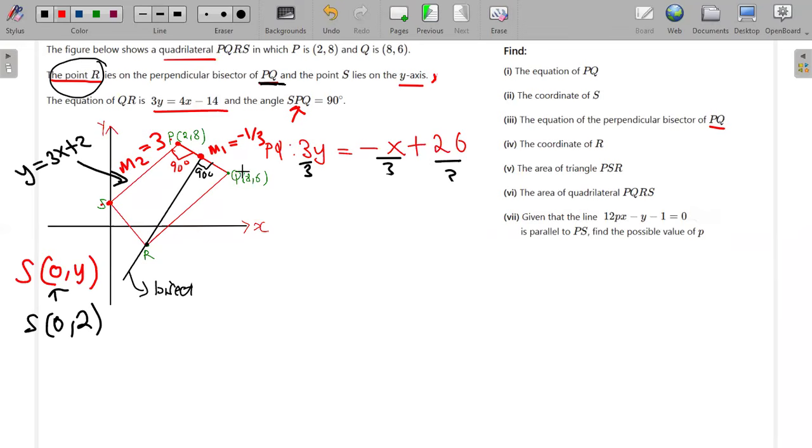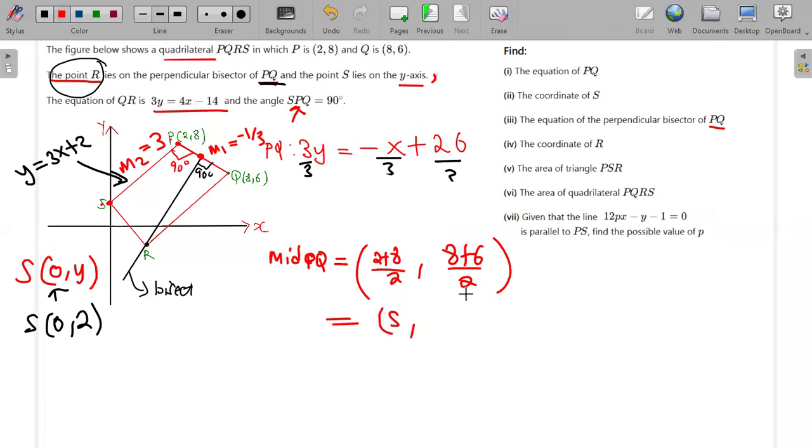So what is the midpoint of P and Q? The midpoint of PQ will just be 2 plus 8 divided by 2, 8 plus 6 divided by 2. So this will be 10 divided by 2, I get 5, comma, 14 divided by 2, I get 7. So that is my midpoint, 5, comma 7.